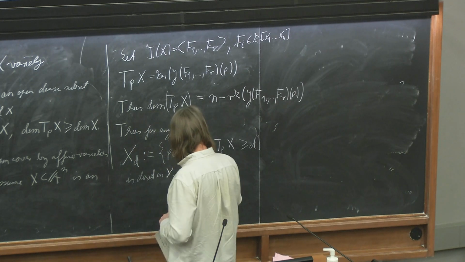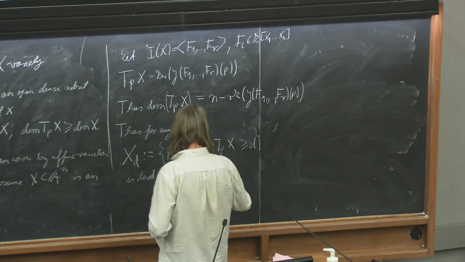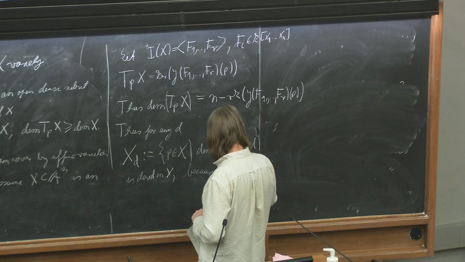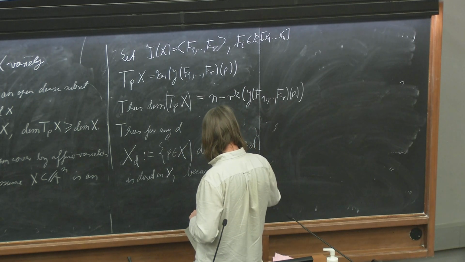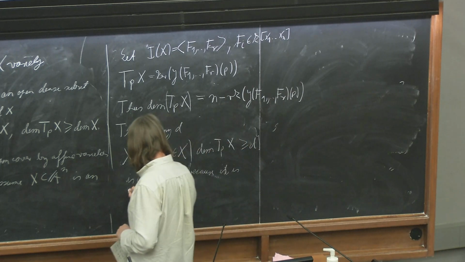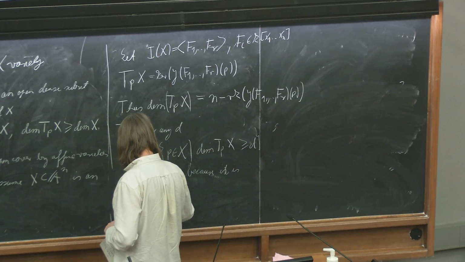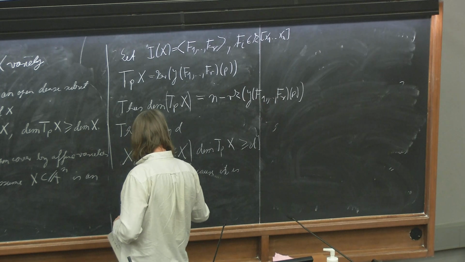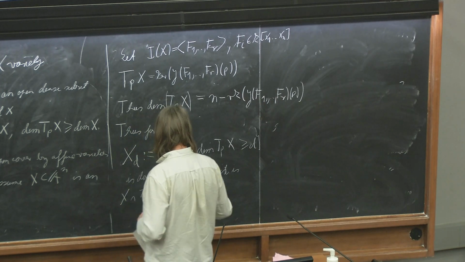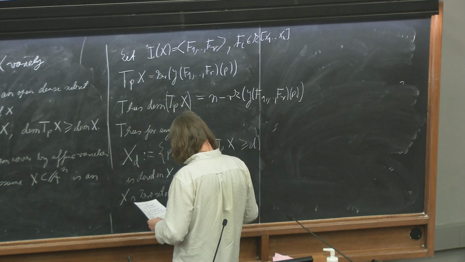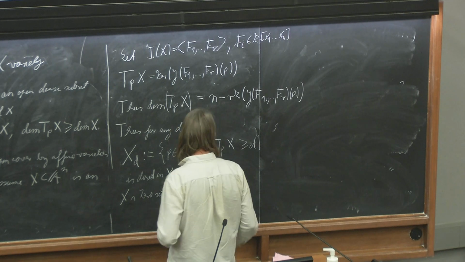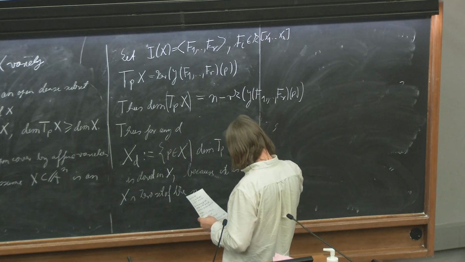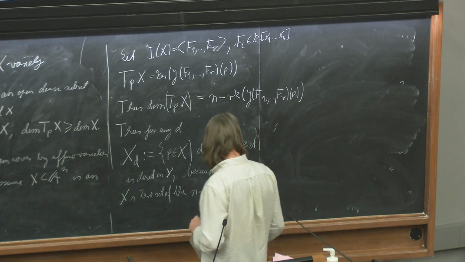Because it is a zero set. It is X intersected with the zero set of the minors of the Jacobian.